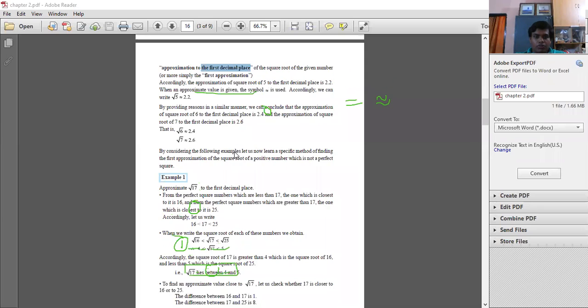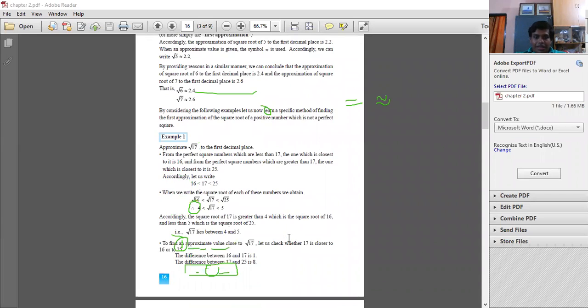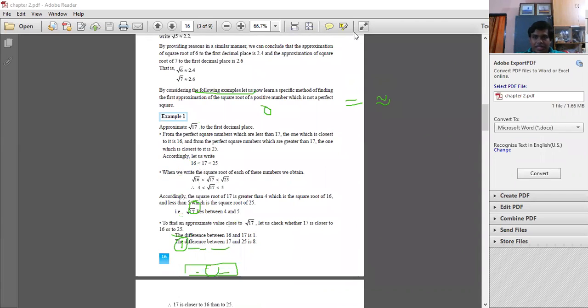What we are going to do now, to find an approximate value close to 17, is check whether 17 is closer to 16 or 25. This approximation is done the other way.